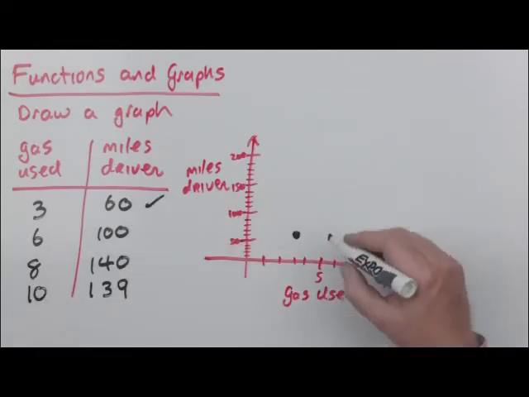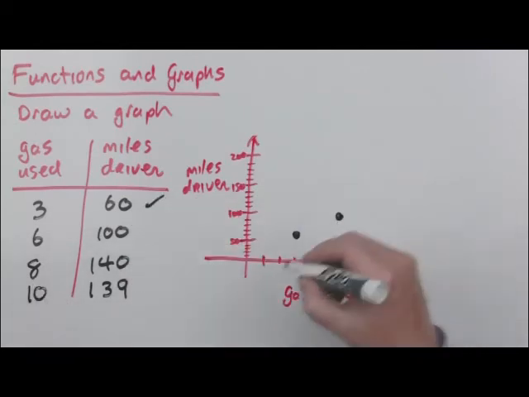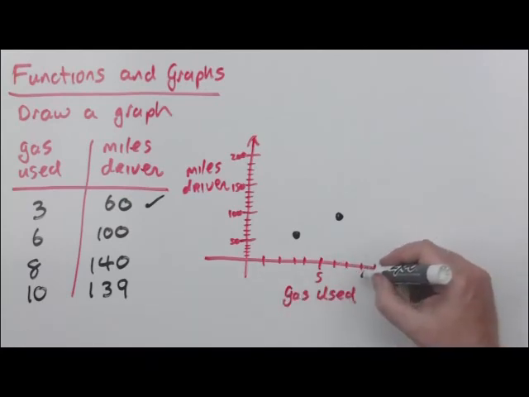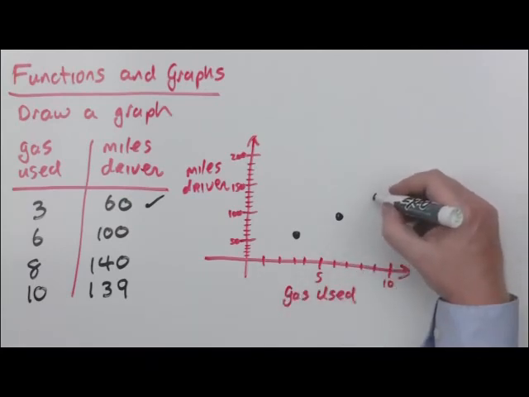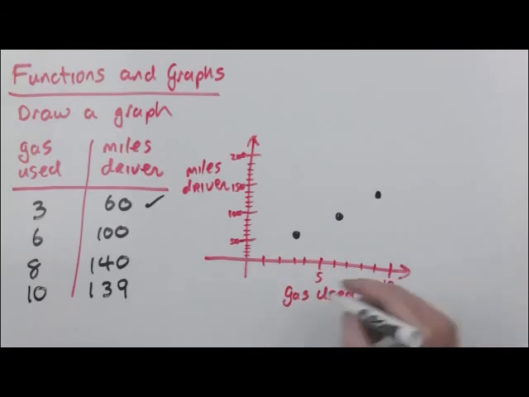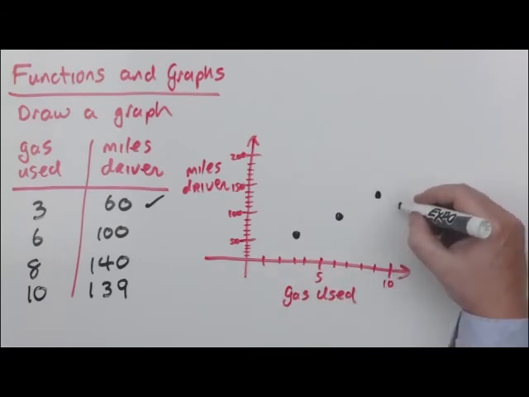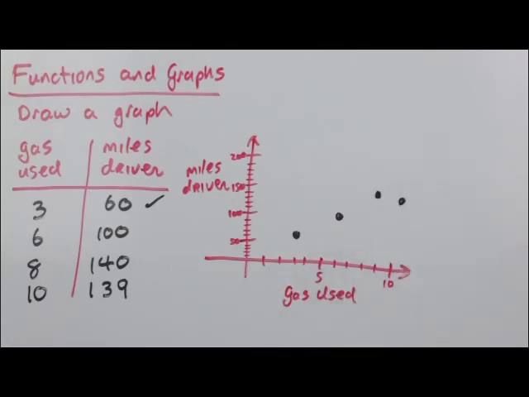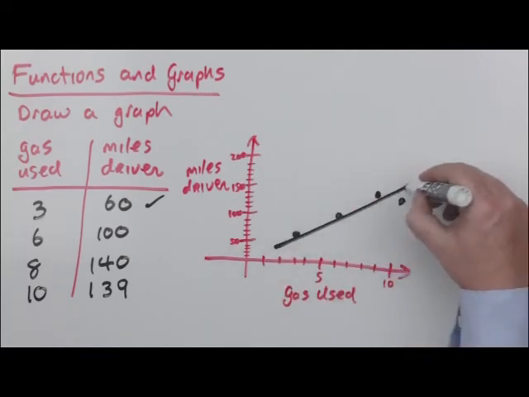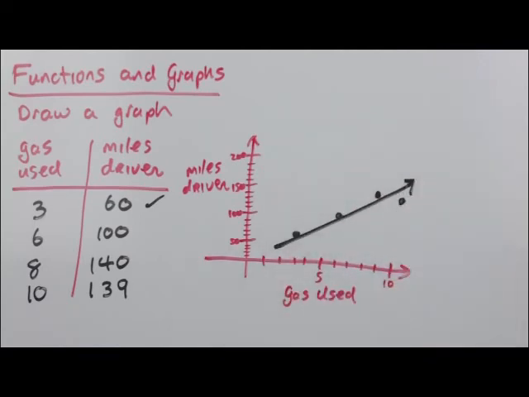Okay, 6 gallons would be 100 miles. Yeah. 8 gallons is 140 miles. And 10 gallons is 139 miles. So the best line of fit is a straight line that goes up. It's a graph of my function.